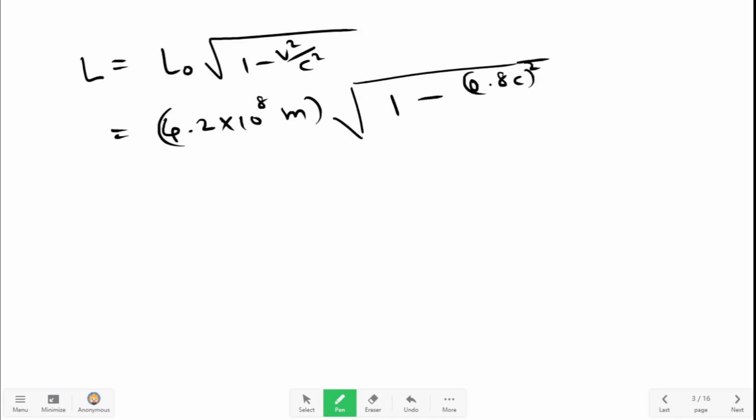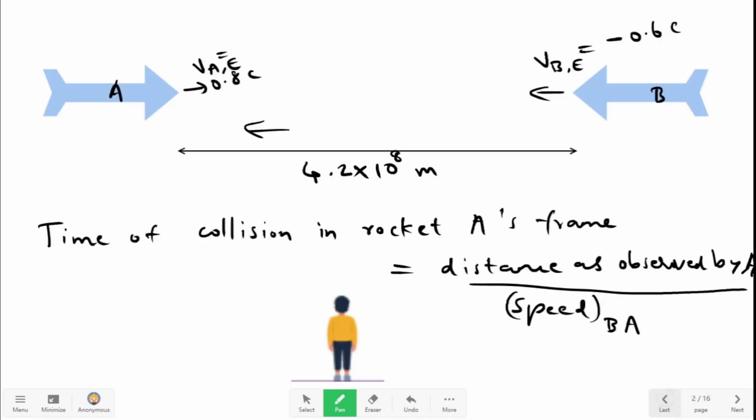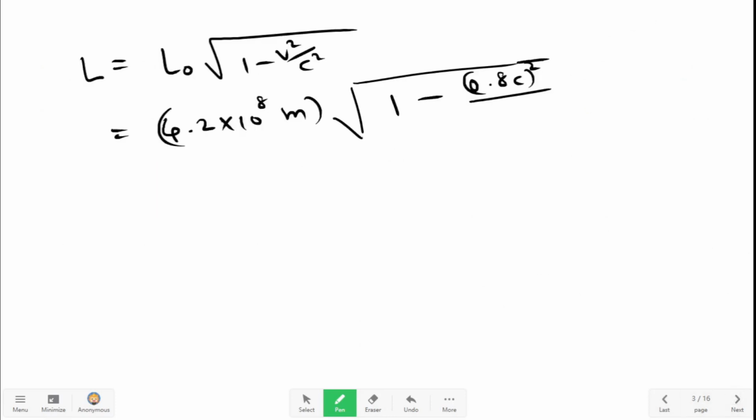The distance is moving in the opposite direction as viewed from rocket A with speed 0.8 c. You can put minus as well because it is in the opposite direction, but when you square it will give the same value. 1 minus 0.8 c square divided by c square. This is equal to 4.2 into 10 raised to 8 meter times 0.6.